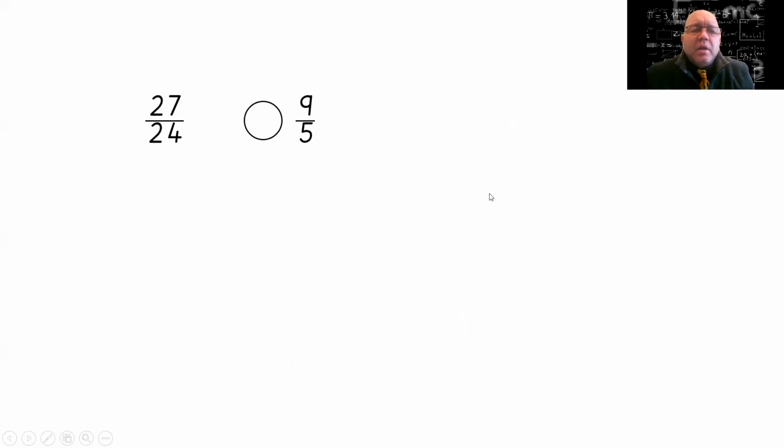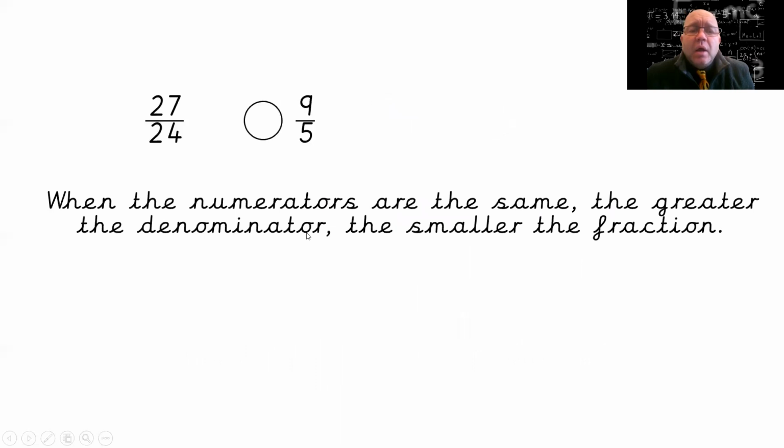How can we use our equivalence knowledge to make these fractions the same numerator? Well, how do we turn a 9 into a 27? We multiply by 3. Okay, so let's multiply top and bottom by 3. 9/5 is equivalent, is the same as 27/15.